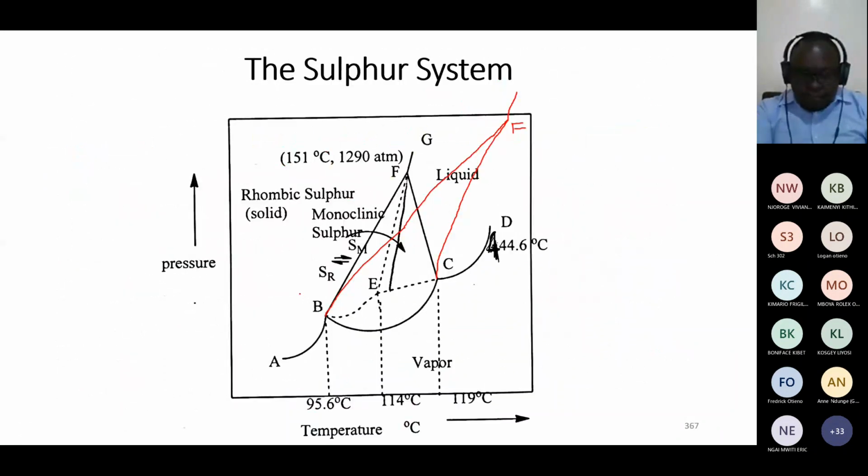So here we have rhombic sulfur. If it is superheated past this point, it's going to move beyond this point without changing phase. And then at this point E, which is at 114 degrees Celsius, it is going to melt to the liquid phase.